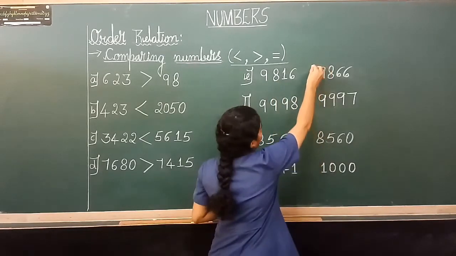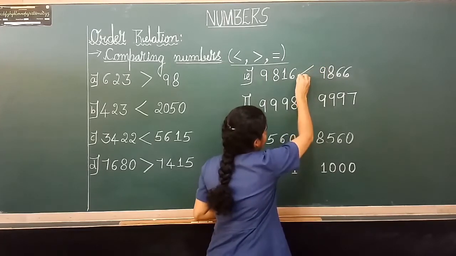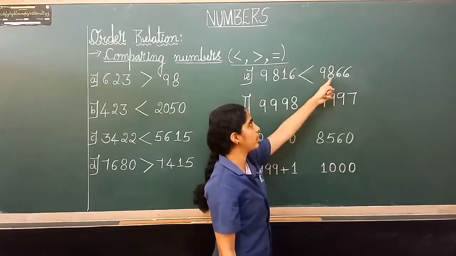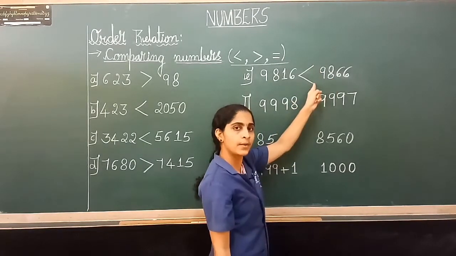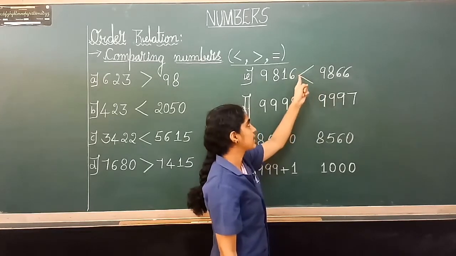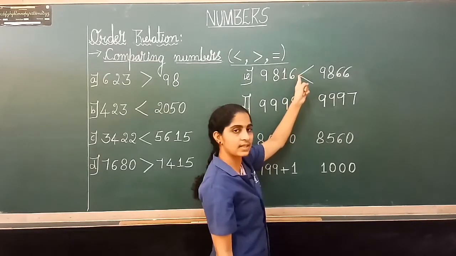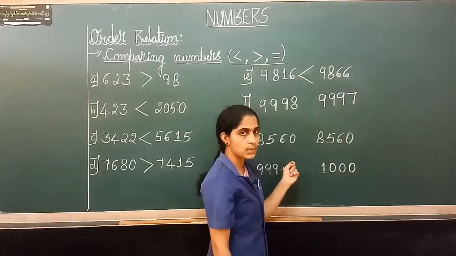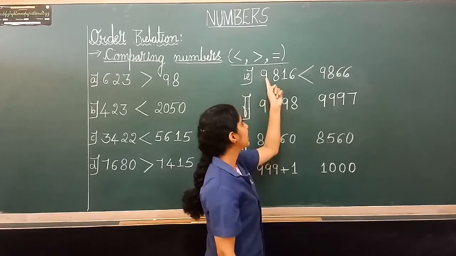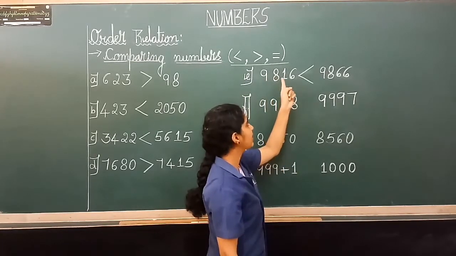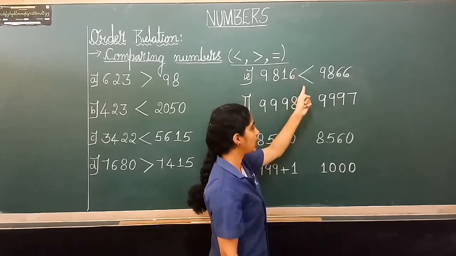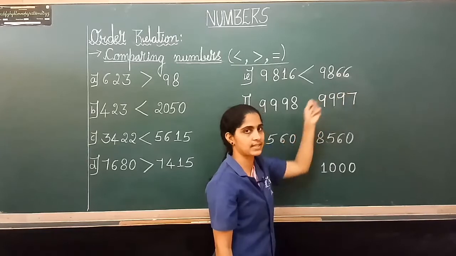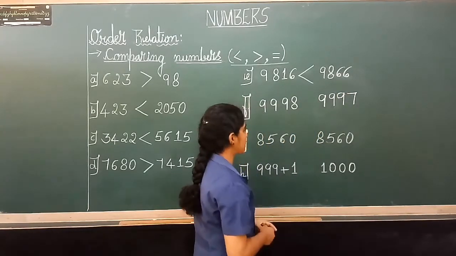So you are able to put the symbol now. The open end should have the greater number. This is the greater number. That's the reason it is showing the open end. Whereas this is the smaller number. That's the reason it is showing the closed end. So we can read it as 9816 is smaller than 9866. Let's move to the next one.